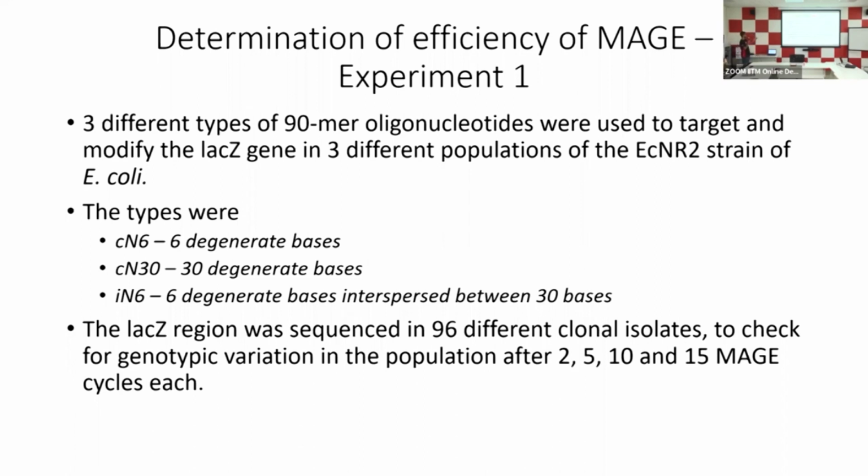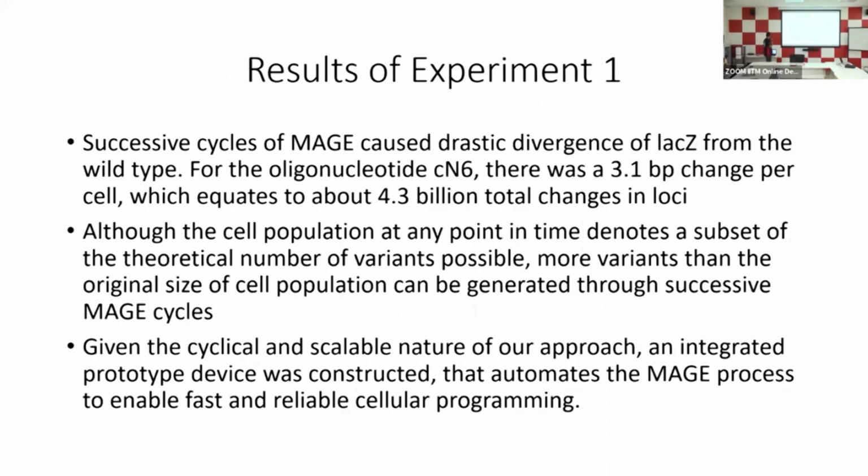So these three oligonucleotides were used, and the lacZ region was sequenced in 96 different clonal isolates. After culturing, the clones were isolated and used to check the variation in the population after 2, 5, 10, and 15 MAGE cycles. After each of these numbers of cycles, the lacZ region was checked and sequenced to check diversification. So what did it result in?